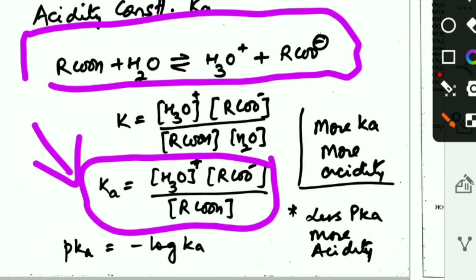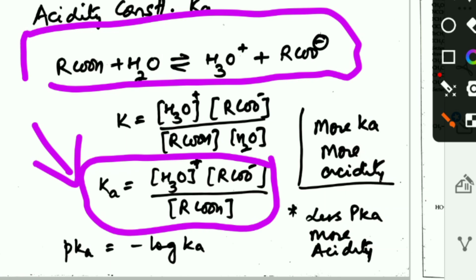So Ka, the acidity constant of a given acid, is a measure of the concentration of hydronium ion, or indirectly you can say concentration of H ions, and the concentration of the given carboxylate ion, or the anion generated by the carboxylic acid. Hence, Ka will be the number of H ions or hydronium ions given by a given carboxylic acid.